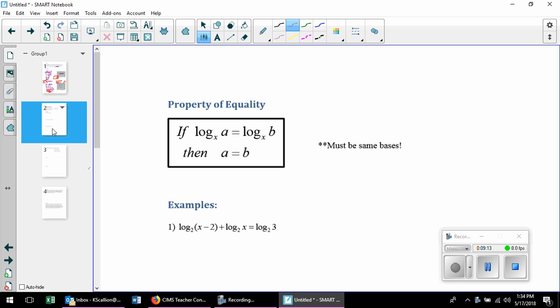All right. We've done this before. Remember when we did exponents, like if this is 2 to the exponent 3 and this is 2 to the exponent 2x. What happens to those bases? We drop them. We don't cancel them out. We don't divide them out. We just drop them, and we simply bring down 3 equals 2x.